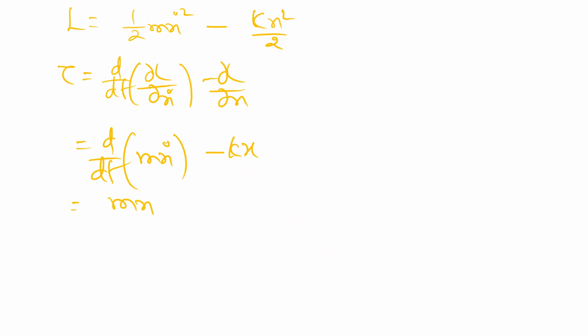So this will be m x double dot, and then this one is plus kx. Actually, in the previous case, what we have done is k by 2 times 0 minus x squared, so it is minus kx squared by 2. When you bring this over here, it becomes plus. One second.